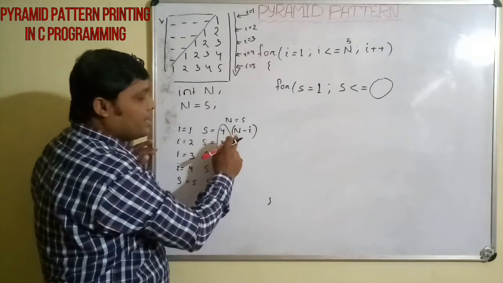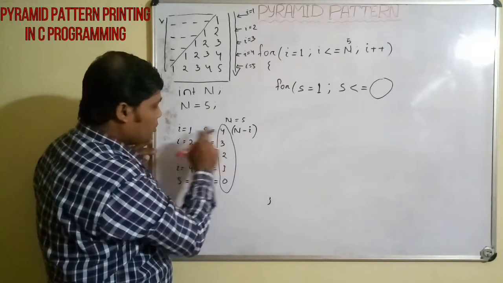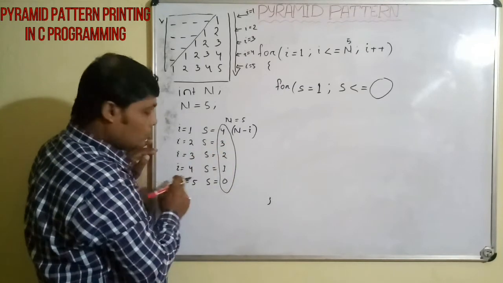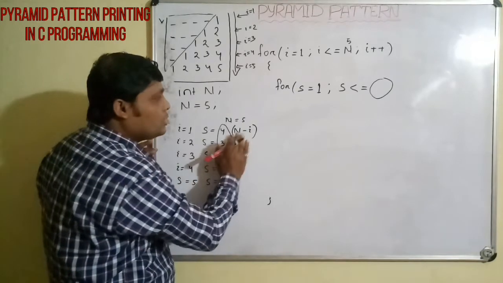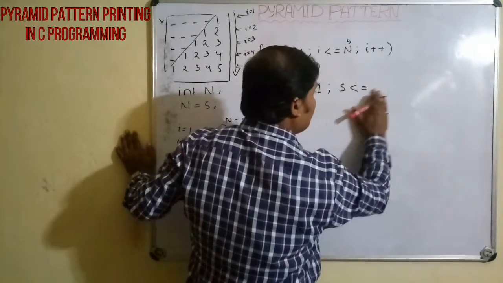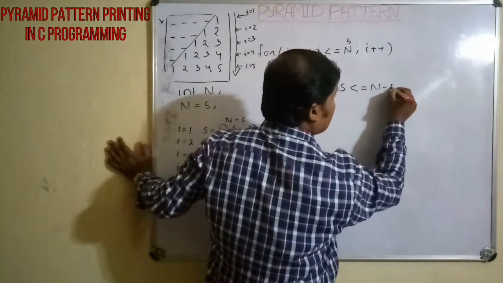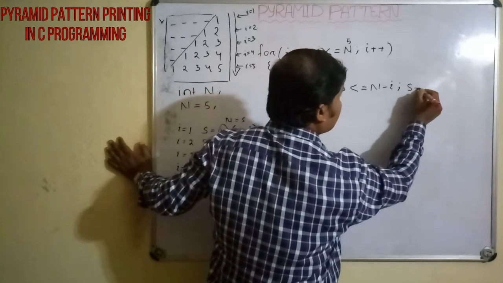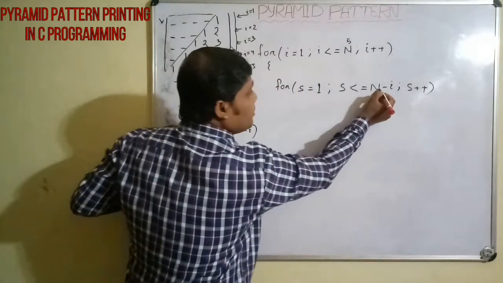It will start from 1 and end with n minus I. Just see, n value is 5: 5 minus 1 is 4, 5 minus 2 is 3, 5 minus 3 is 2, 5 minus 4 is 1, 5 minus 5 is 0. Clear? We'll put this value here. S will end with n minus I. Understood? As less than equal to, this will be S plus plus. Clear? This is n minus I.